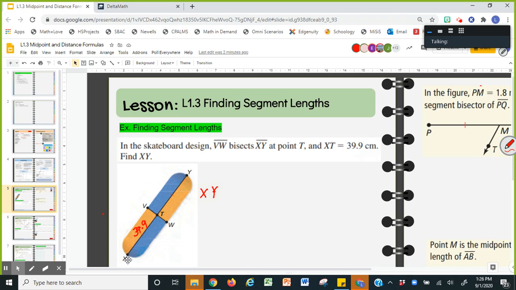If you look at the figure, you know that XY is composed of two shorter segments, which are XT and TY, right? I should not have placed the equal sign, but a plus symbol. Let me do it again. So XY is XT plus TY.